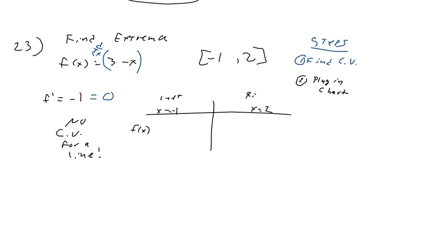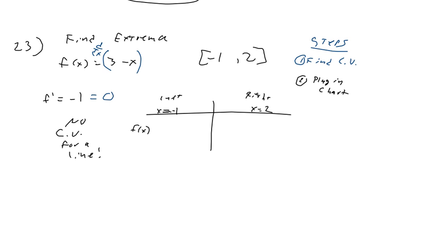I've got no critical values, so I know that the max and the min have to be on the endpoints, because this is a linear equation. It's just going straight. Well, straight this way down, but you get the idea. One of these is going to be my max, one of these is my min. So let's plug them in, try to figure it out.